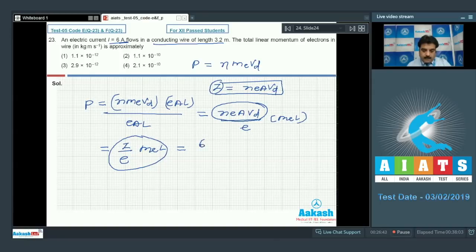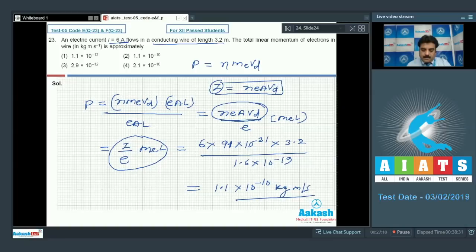You will put I as 6, mass of electron 9.1 into 10 to the power minus 31, and length 3.2, divided by the fundamental charge 1.6 into 10 to the power minus 19. When you calculate, you will get 1.1 into 10 to the power minus 10 kg meter per second.